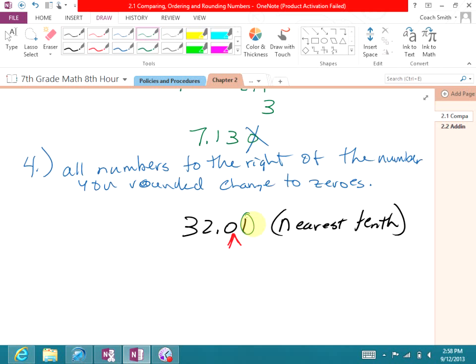And I copied that wrong. Hang on, that's supposed to be a 9. It's supposed to be a 9. I think part of my 9 didn't show up. Okay, so let's rephrase it. It's a 9, so it's 5 or greater. So what happens to the 0? What do we do to it?